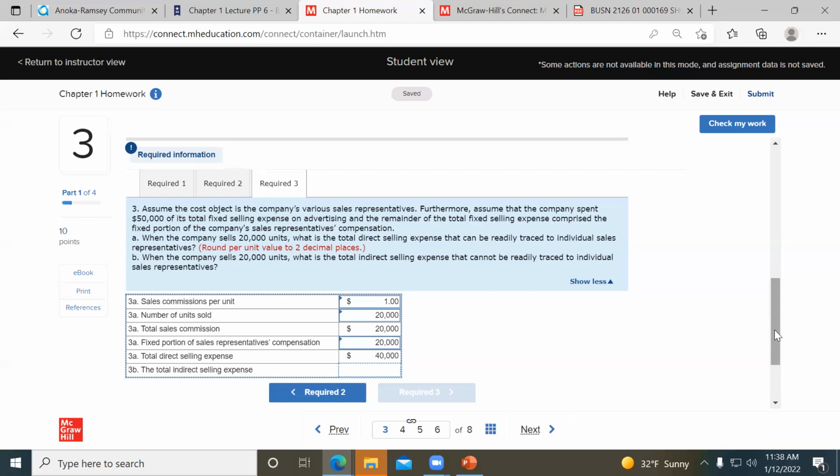The advertising expenditures can't be traced to specific sales representatives, can they? And that advertising expense is how much? $50,000. Got it? Can I move on? Yes.